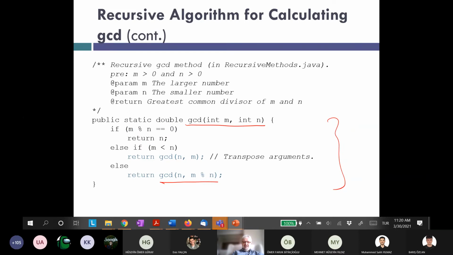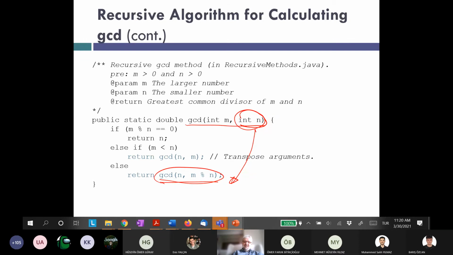Right? I'm not going to go into detail, since the running time of this one is not easy to prove. Actually, after each iteration, we are not sure how small this recursive call is, but after two recursive calls, we make sure that the second parameter will reduce twice at least.